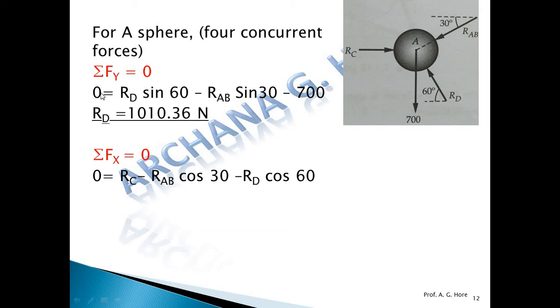Here only RC is unknown because we have the value of RD and value of RAB. So put both values in this equation. Unknown is only RC. So by simplifying that we get the value of RC.